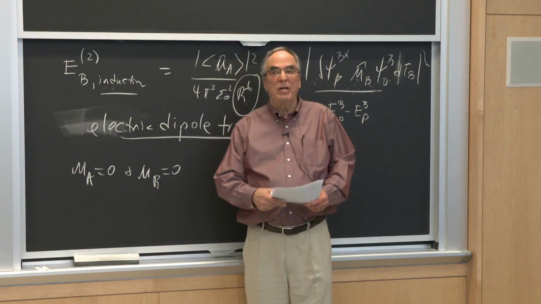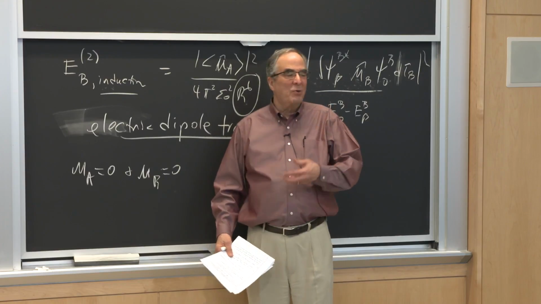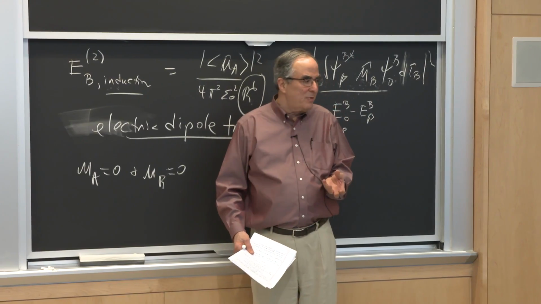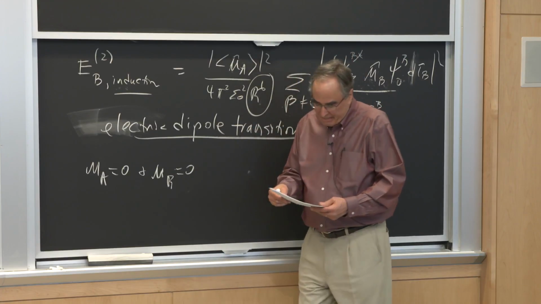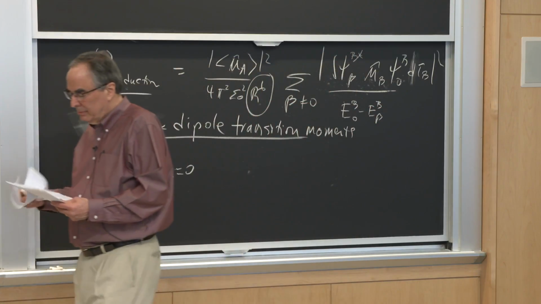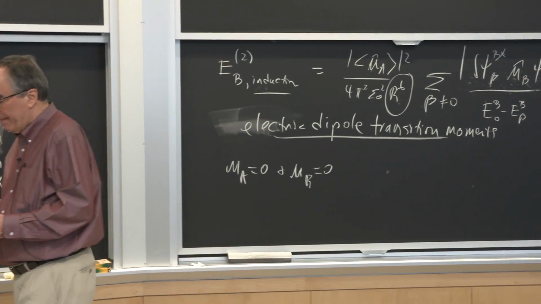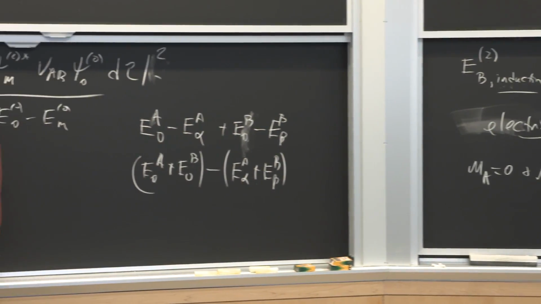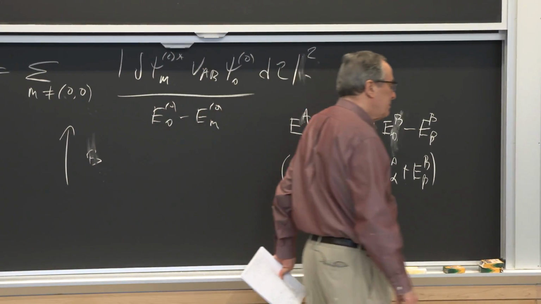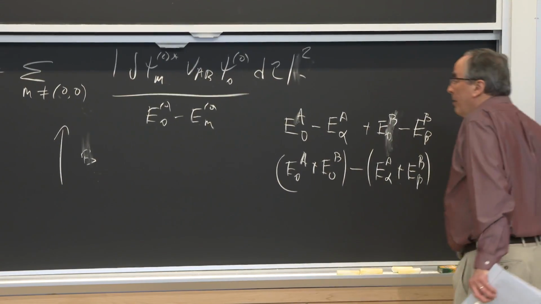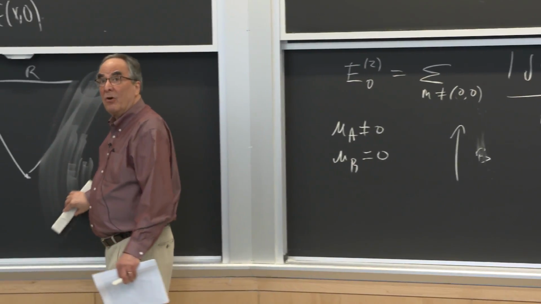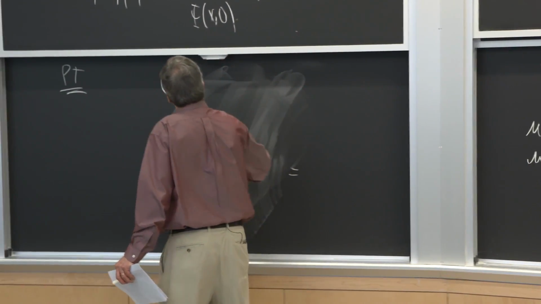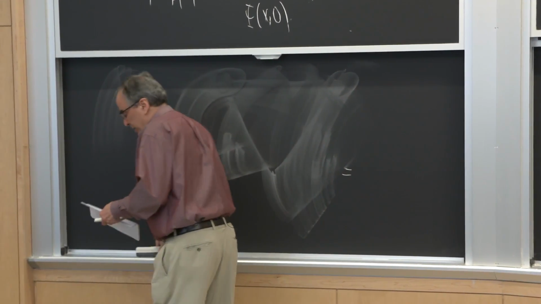You don't have to induce anything more. You don't get another factor of 1 over r cubed. You've already got the 1 over r to the 6th. I'm going to skip a lot of steps because the notes are really clear and we don't have a whole lot of time. And so I'm just going to write down the result.